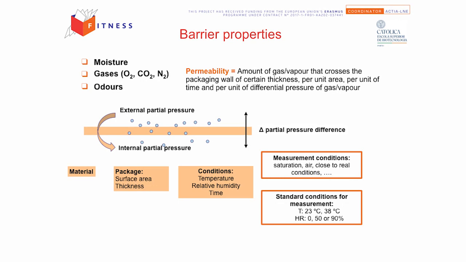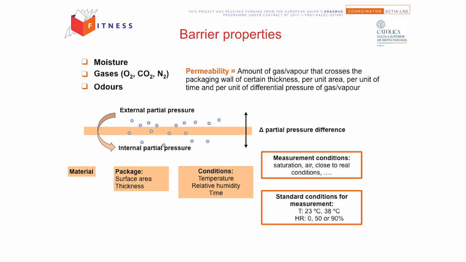But this is not air conditions, because air conditions is what? What is the concentration, the percentage of oxygen that we have in the air? 21%, right? So if I put here 21% and here 0%, okay, that will be my driving force. It is also correct, but we must say what we have done.